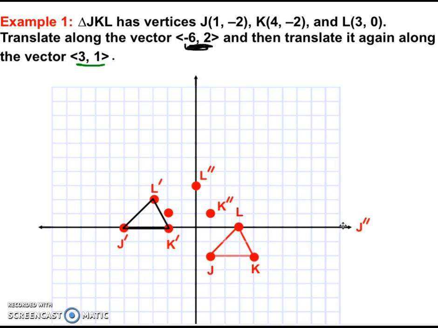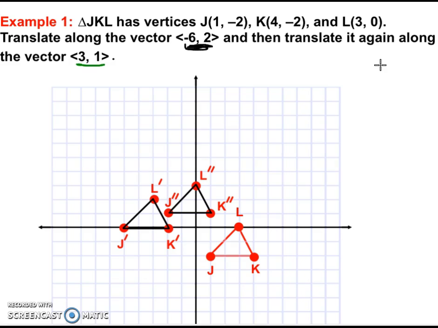And I'm going to call that my J double prime. Then of course, let's connect the sides. And there we go. I have translated my original figure, triangle JKL, to J double prime, K double prime, L double prime.